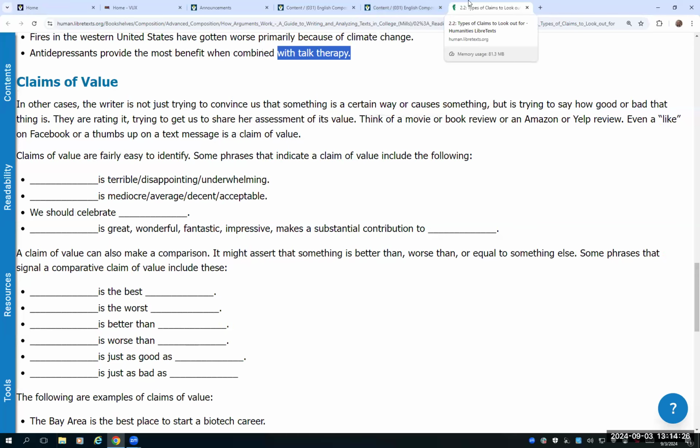So if in your articles you see something where they're comparing two things and saying one is better than, or one is worse than, or one is the same as something else, better or best, worse, better than, worse than, just as good as, just as bad as, those are hints to you that that's a claim of value.